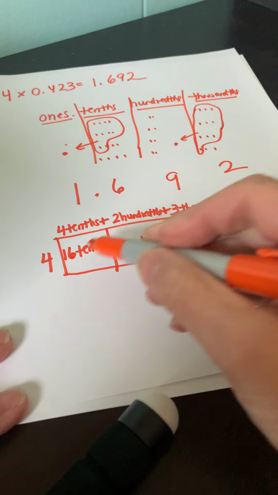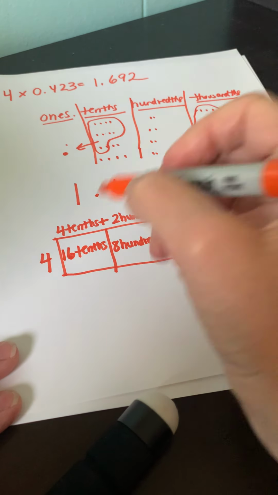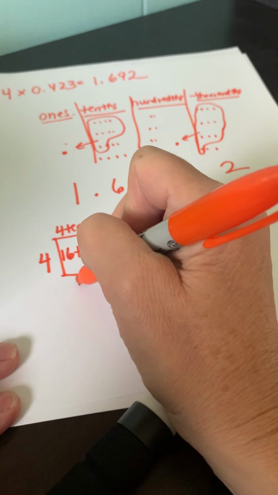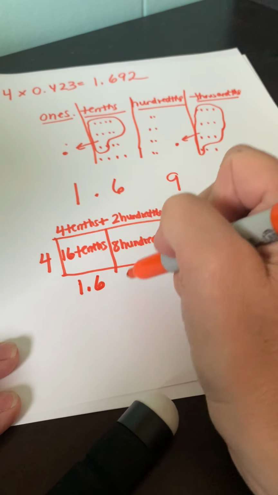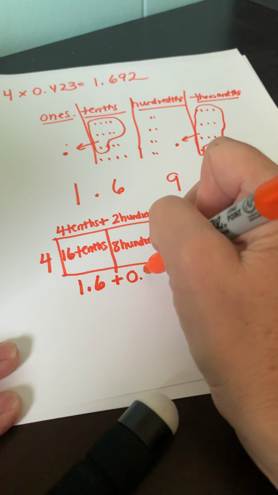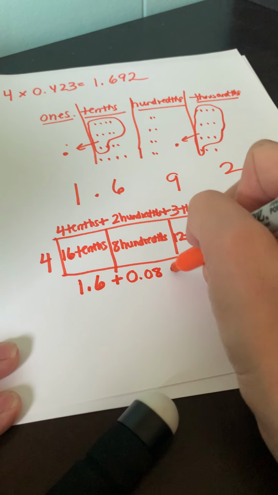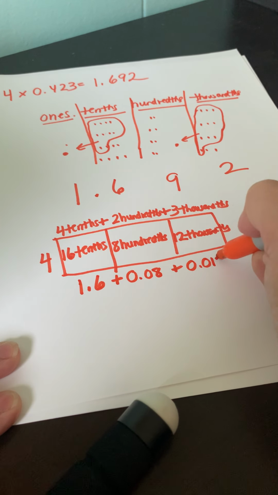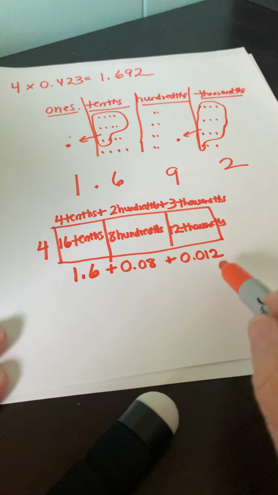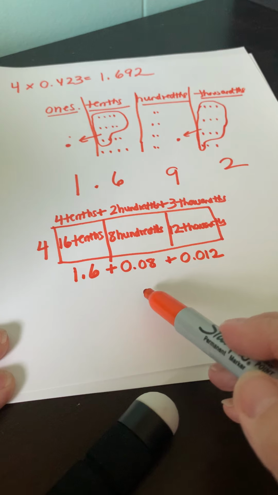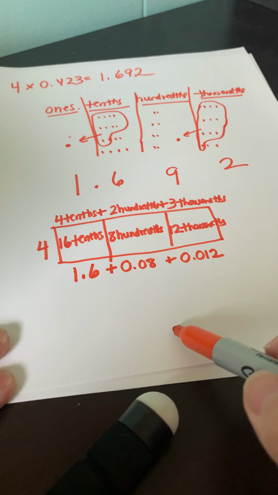Now you need to rewrite each of these in standard form. If you need your place value chart, you should use it. 16/10 we know we can write as 1 6/10, plus 8/100 we write as 0.08, plus 12/1000 we can write as 0.12. I think this might be one of the hardest parts of this, so make sure you use your place value chart if you need to.